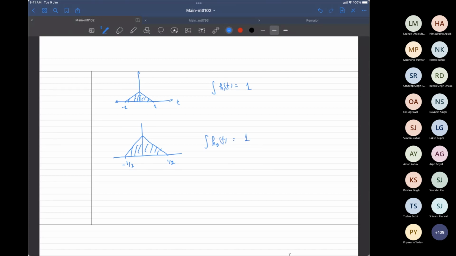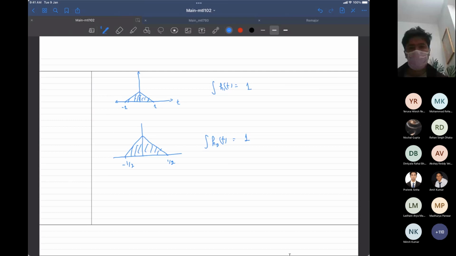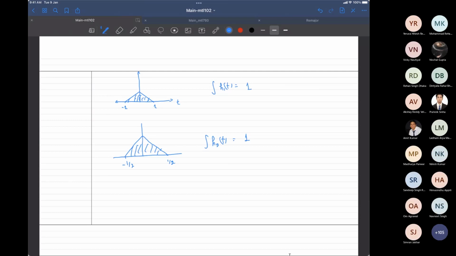Okay, and I can keep doing it. And of course, now once I have given you all these expressions, all these conditions on this function h, you can easily find out the value of the function h_n(x).